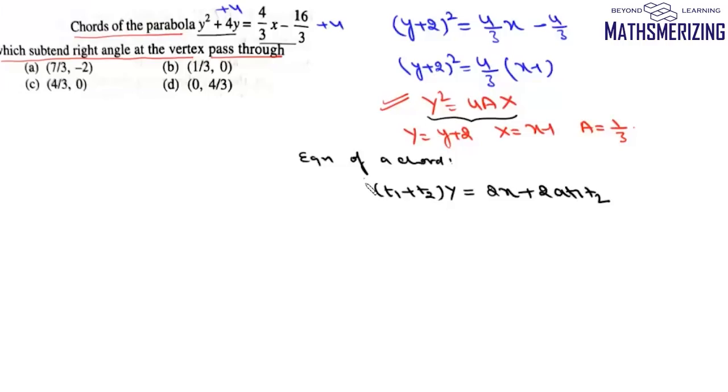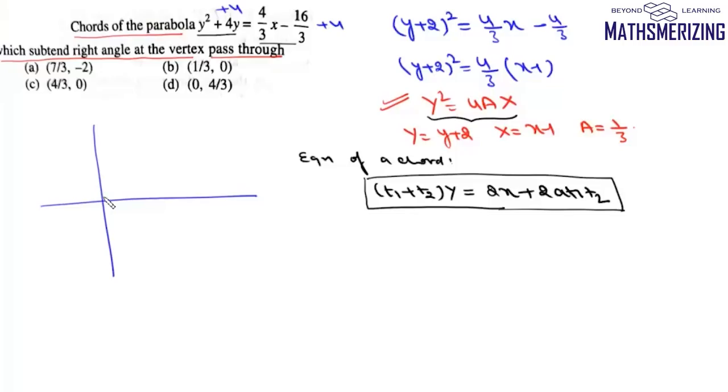So that is the equation of any general chord of a parabola. We have this parabola y square equals 4ax, and then we have this chord drawn with point P whose parametric coordinate is t1, and Q whose parametric coordinate is, suppose, t2, and its equation is (t1 plus t2) y equals 2x plus 2a t1 t2.